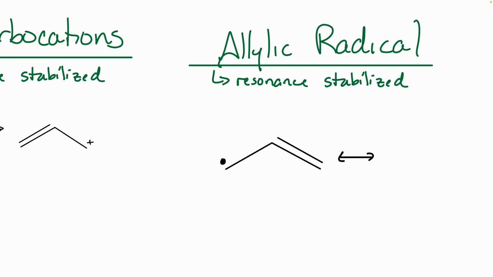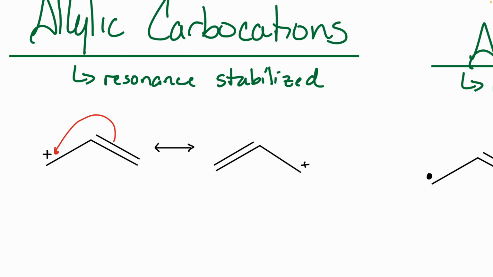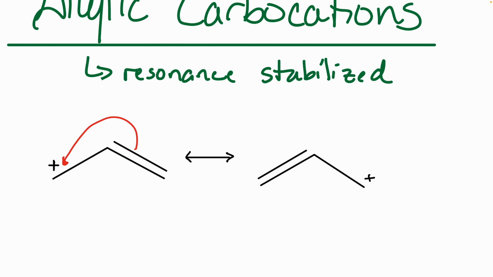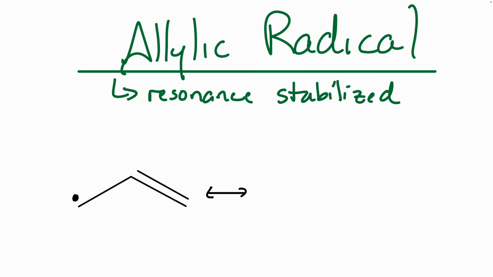Let me zoom in. Now we're showing the movement not of a pair of electrons. Notice that over with my carbocation, I used this double-headed arrow, because I was showing the movement of a pair of electrons, both of those electrons. Remember, with radicals, we have to show the movement of a single electron.